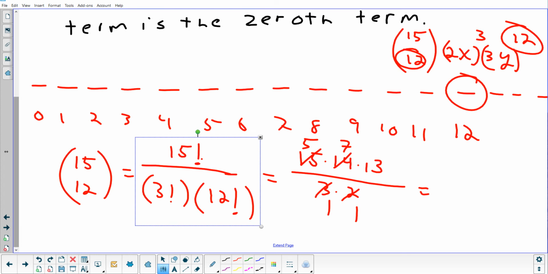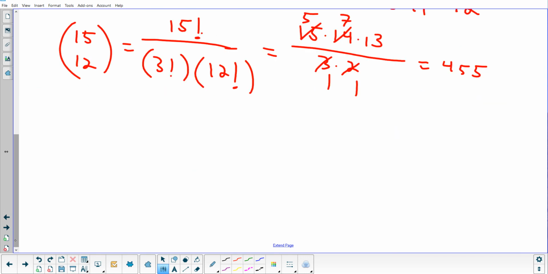Somebody tell me what 35 times 13 is. 455. Any questions on how we got 35 times 13? Okay, so we got our coefficient. Let's put that down. 455.